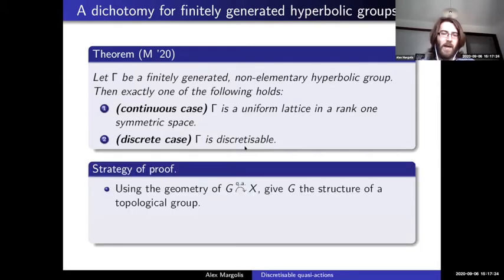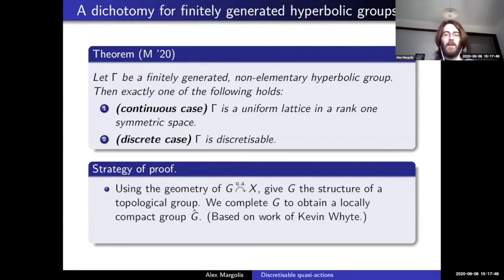And I'll give a very brief outline of the proof. So using the geometry of this quasi-action, we give G the structure of a topological group, and you want things to be close in the topology of the group if they act similarly on X up to some uniform error. And a priori, this group won't be locally compact, but we can complete it to obtain a nice locally compact group G hat.